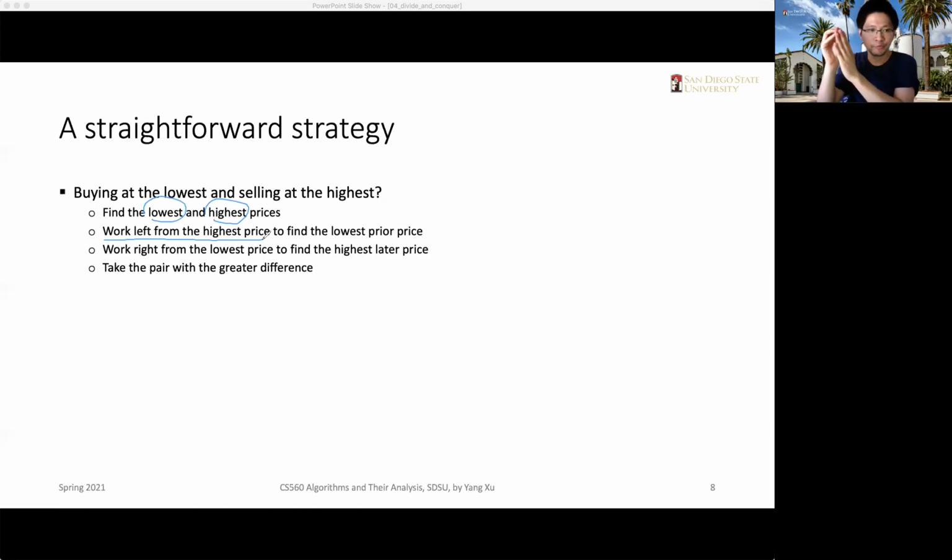Then that means we must work left from the highest price to find the lowest price, and that is the point that we buy in, right?